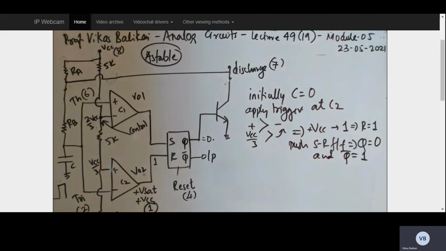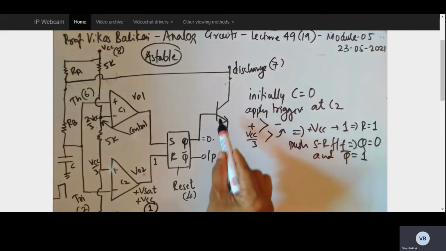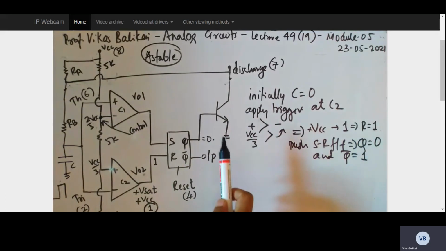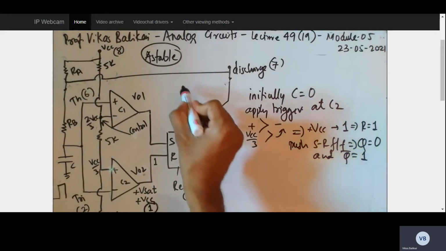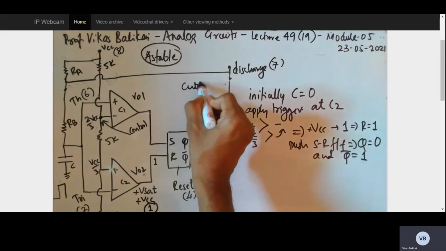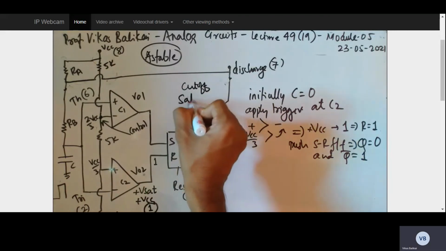Once Q is 0 and Q bar is 1, let's understand what happens by considering Q bar also, because Q bar is my actual output. Since Q is 0, what is going to happen to this transistor? Please remember, this transistor works only in two modes, either cutoff or saturation.